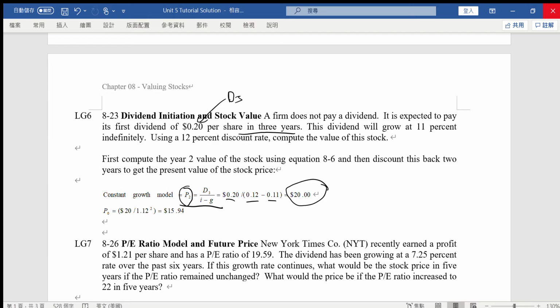But that's in year 2. What we want to find out is the present moment. So we need to further discount this $20 share value back to the present moment by the discount rate to the power 2, and then P0 will be 15.94. That means at the present moment, this stock should be worth around 15.94. That will be the value.